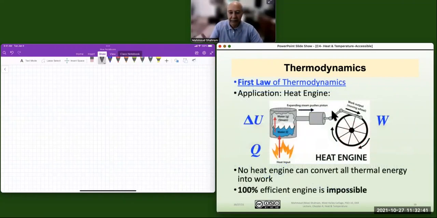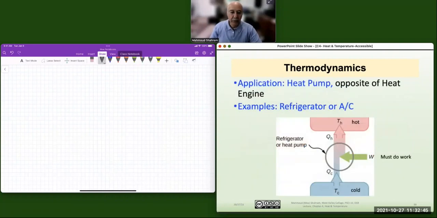Naturally, that doesn't happen. Naturally, heat always transfers from hot to cold. So if you want to take additional heat from the cold to the hot, you have to do some work. And we do that by plugging in the refrigerator or turning on the air conditioner.